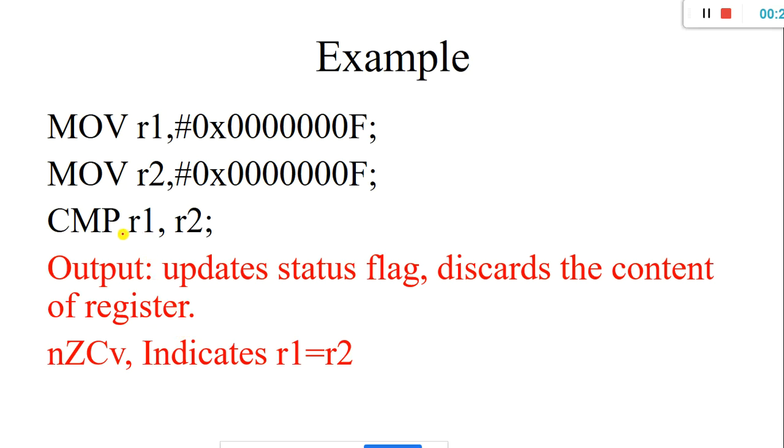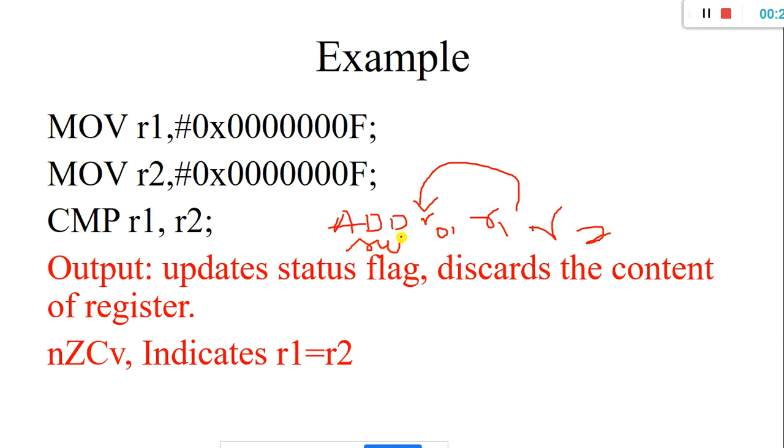See here, there is no extra register. If you see previous instructions, say for example the add instruction, I must specify the destination register, because R1 and R2 are getting added and the resultant is going to be stored in R0.